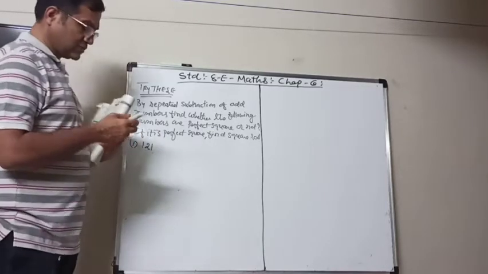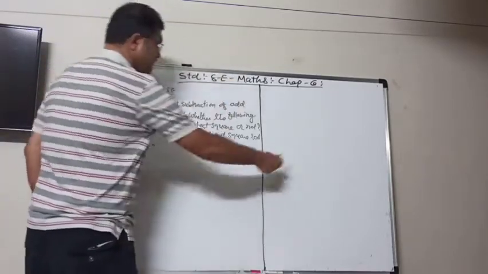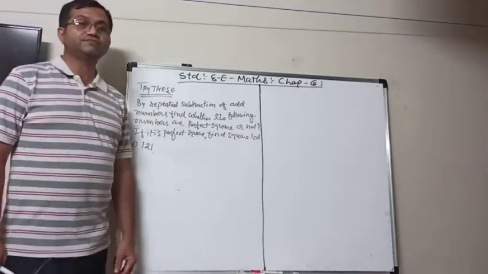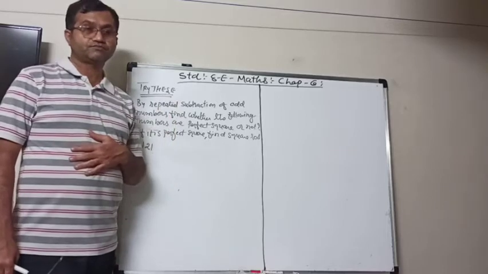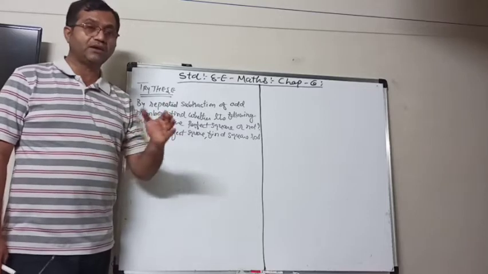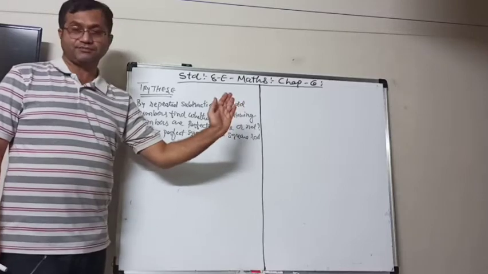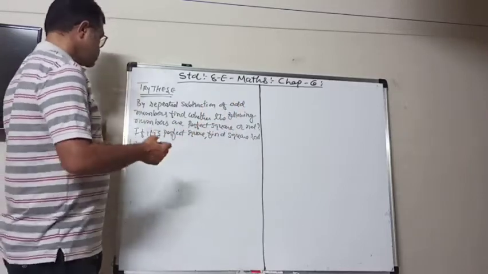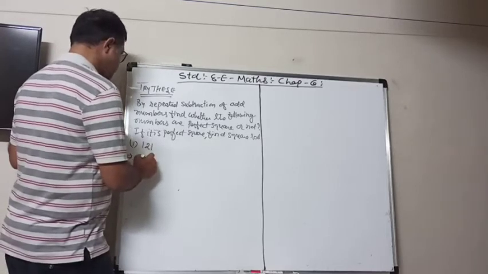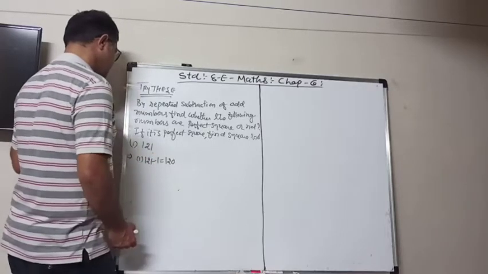Now as I explained previously, if it is a perfect square, then the answer will come 0 when you repeatedly subtract the odd numbers starting from 1. So here we will write down the steps. 121 minus 1 is 120.